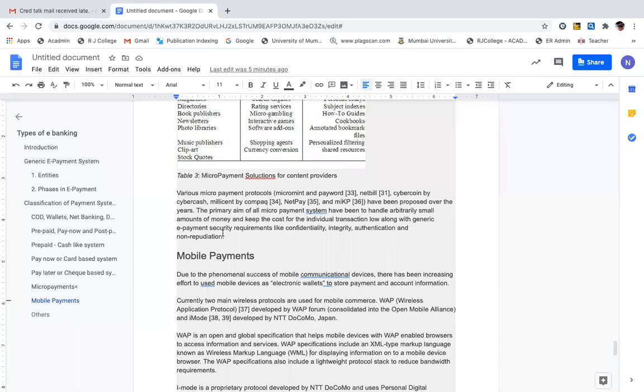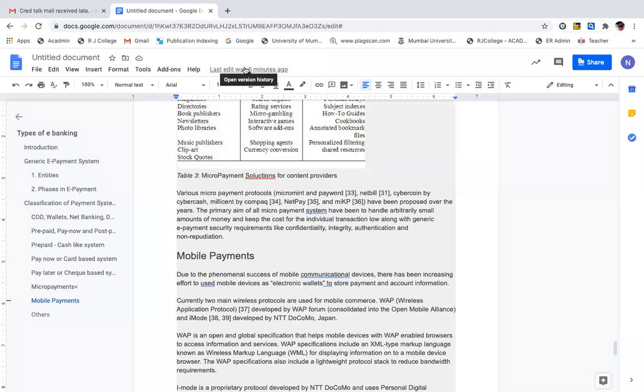See now, mobile payment is the wireless application protocol, right? Wherein Google Pay is the classic example. And today you have everything in your mobile. ATM, MobiQuick, right? All these are your mobile payments.